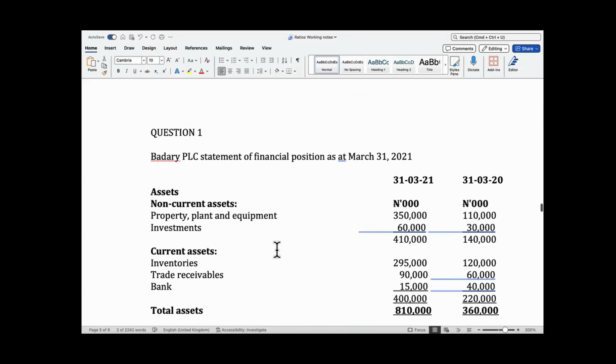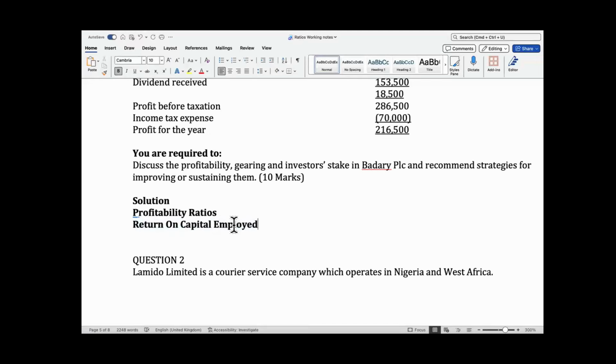The first one I would do, which I would advise you always do, is your return on capital employed. In some places you will see return on assets, return on equity. This one is for your exams. This takes care of it because they measure the same thing, really.